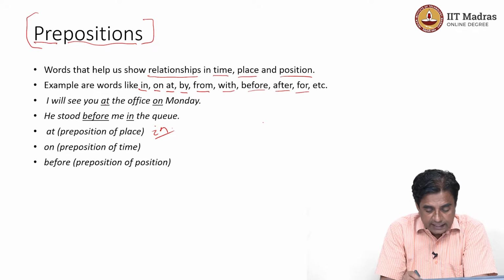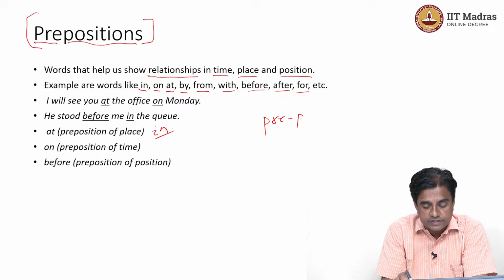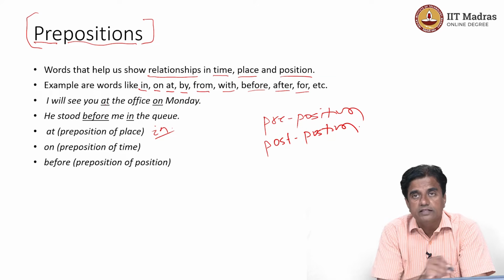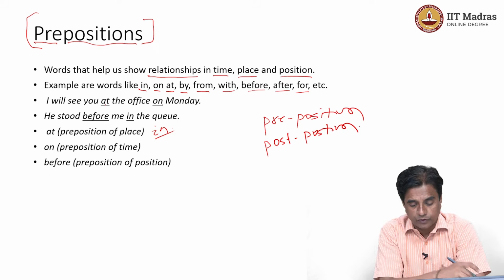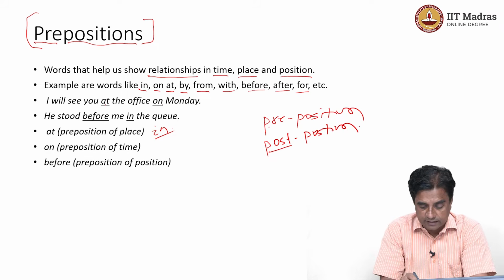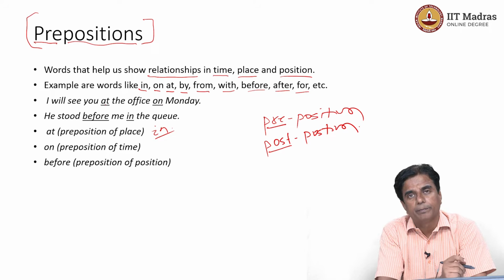So in that context, since these ones are called prepositions, such words are called post-positions. There is no hyphen between these words. I am putting this hyphen for you to see because they follow, they are called postpositions. These words precede, therefore they are called prepositions.